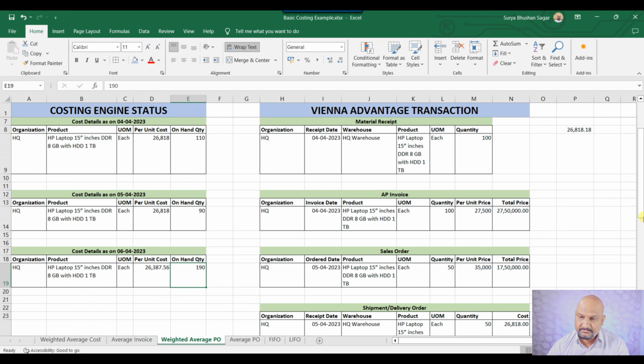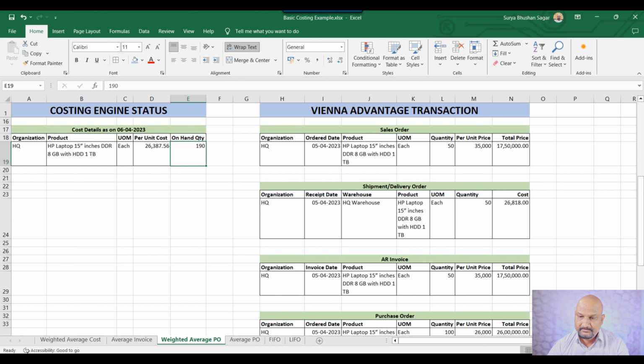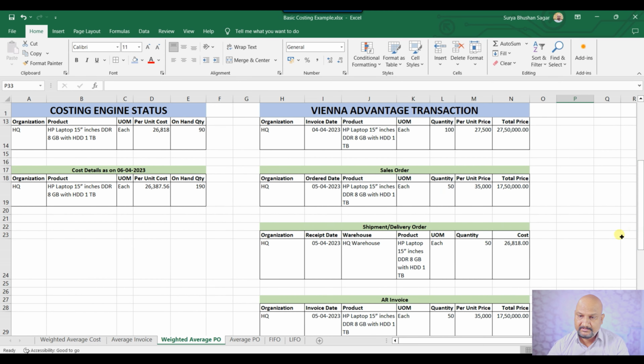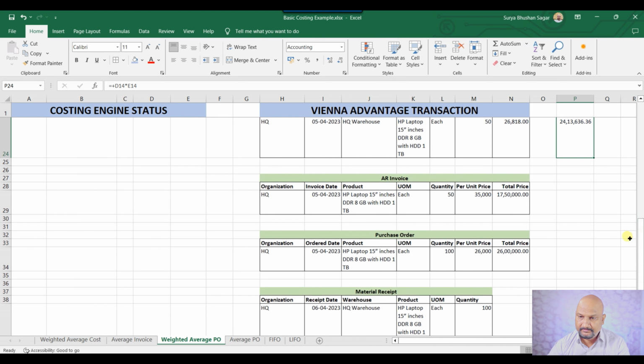Let me showcase that as well. My value is this per unit multiplied by, I'm sorry guys, it is not the right figures. The right figures are going to be this: 26,000 multiplied by 90, and I will bring this value here.